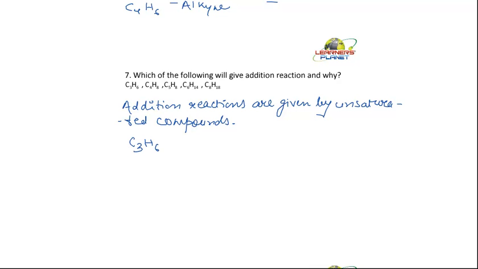Now let's take up this C3H6. What is it? It is an alkene. It will give addition reaction because it has got a double bond.